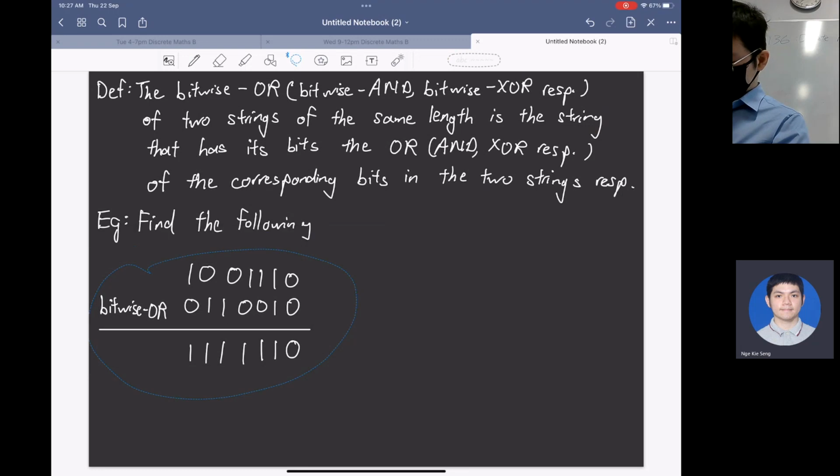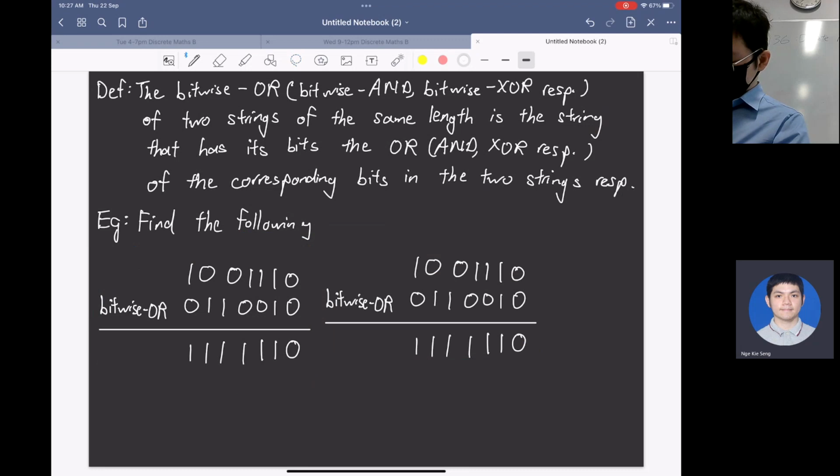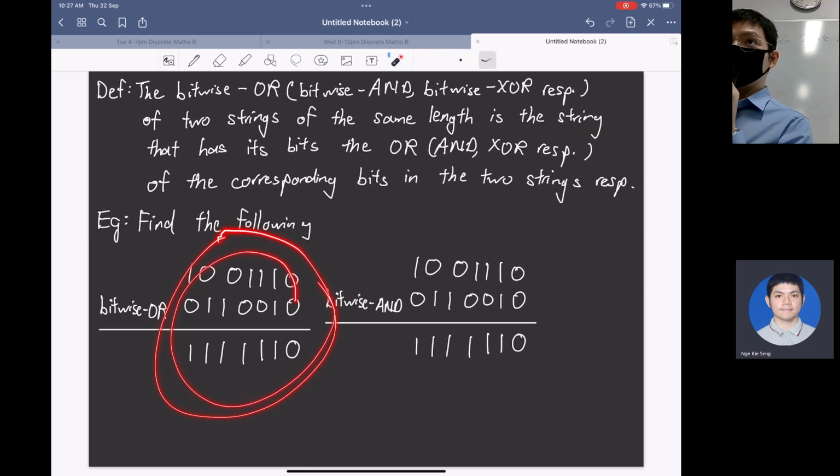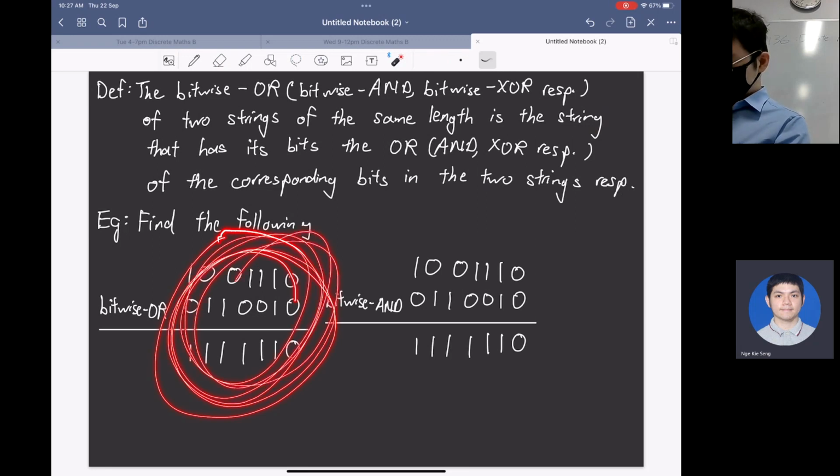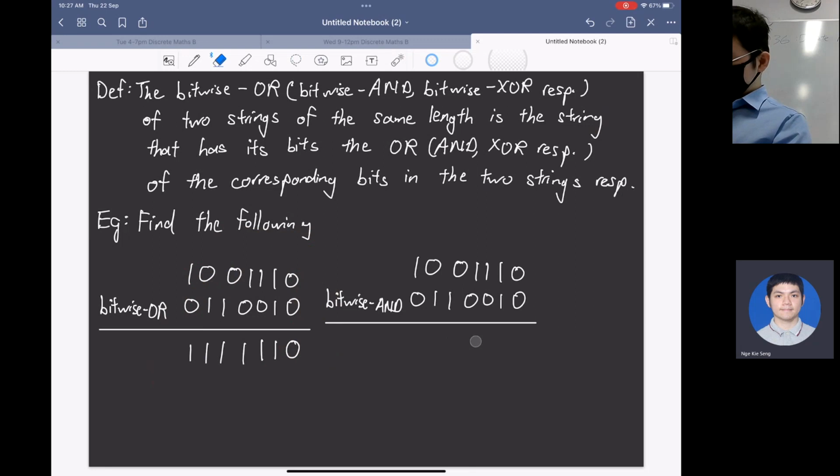How about bitwise AND? Okay, let's try bitwise AND. Did anyone miss out? Anyone don't know how to calculate? Please raise your hand. Ask now, don't wait until the end. Okay, AND 0, 0, 0, 0.